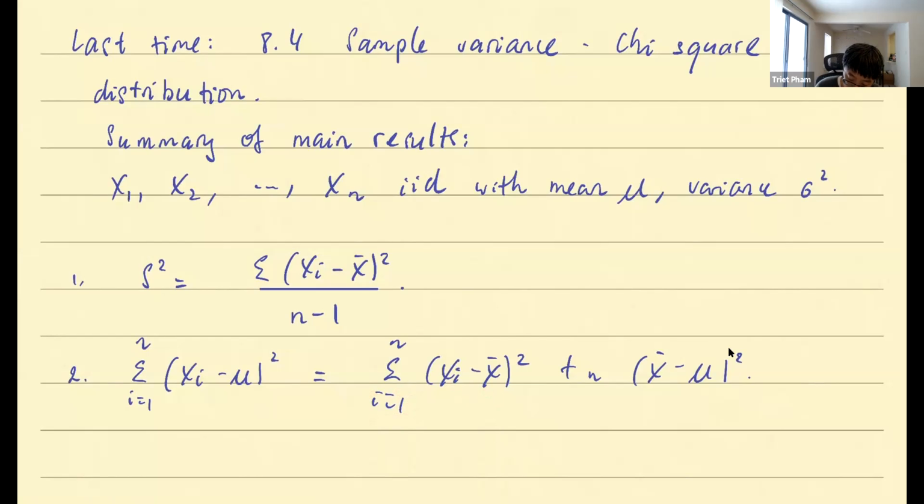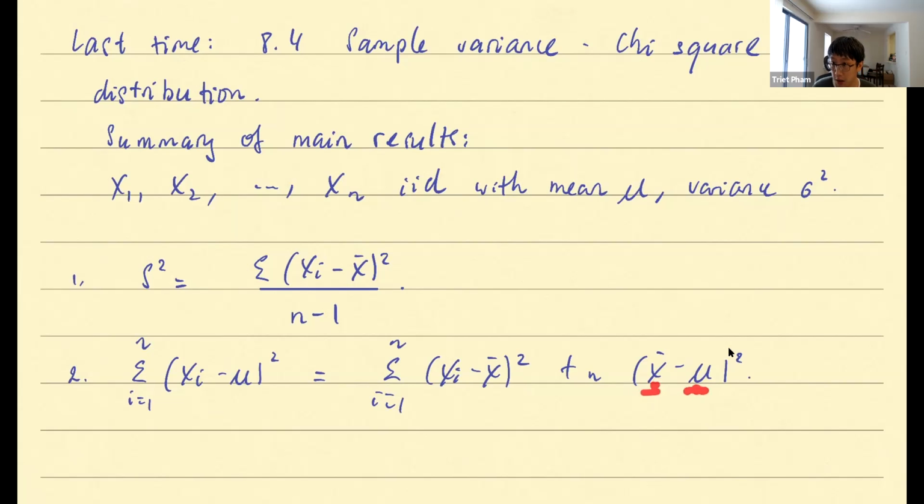So this identity allows you to decompose the sum, or s squared, into two components. Each of them is very easily understood in terms of independence. X bar is the sample mean, very easy to deal with. And of course, X bar being the sum of Xi is the sum of independent random variables.